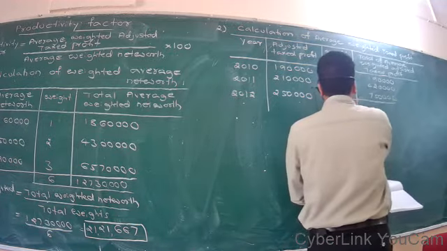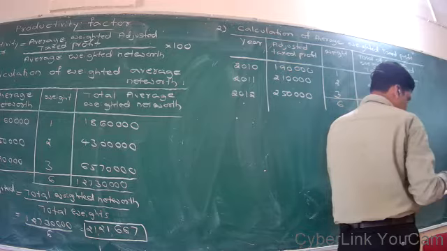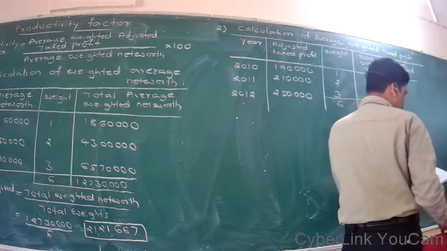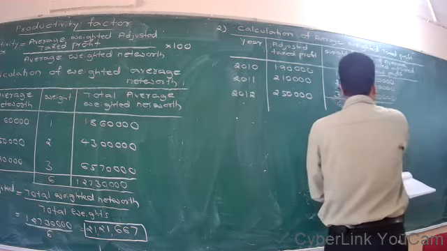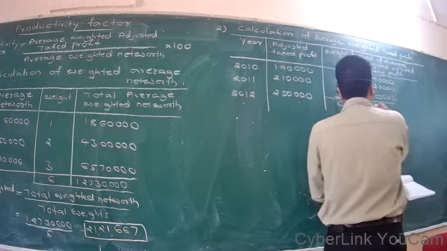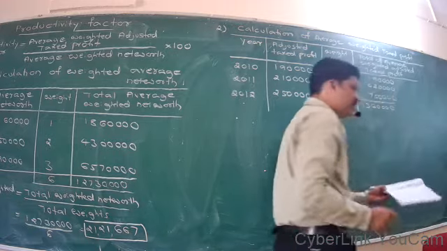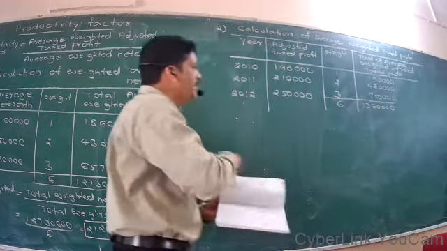Total. The total of weight is 6. And total of average weighted adjusted tax profit is 13 lakh 60,000.